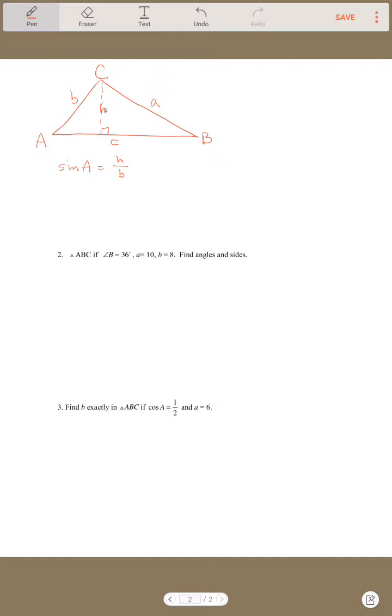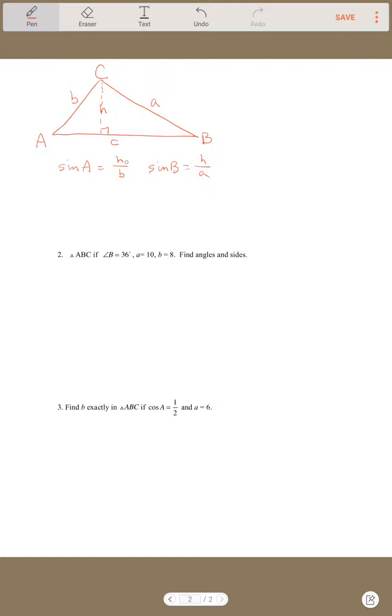B has height be its opposite side, and then the a value is also its hypotenuse. So we can also create another trig function where sine of b is equal to opposite, h, over hypotenuse, a.